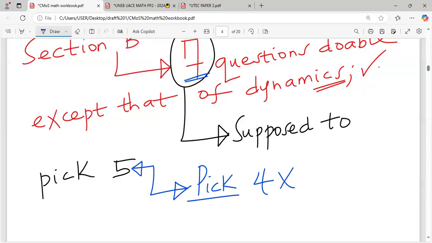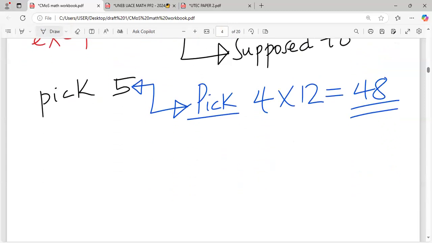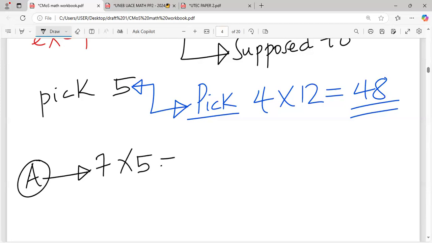So imagine you've done the 4, each is 12, that is 48. Then we have realized that in section A, you have remained with only 7 questions, each is 5 marks, 35. We are going to remove 35%.